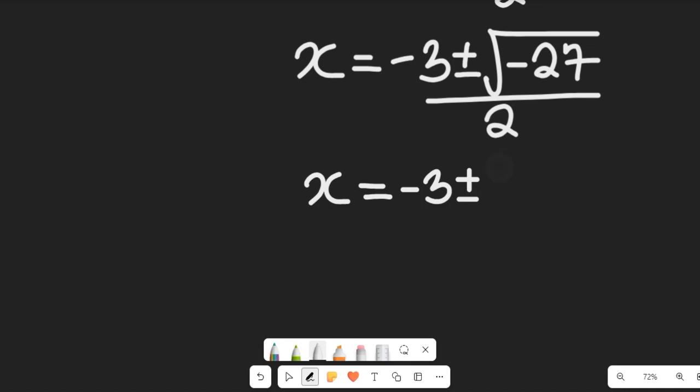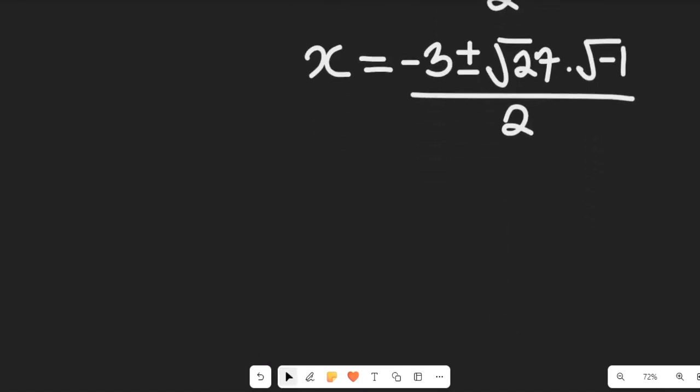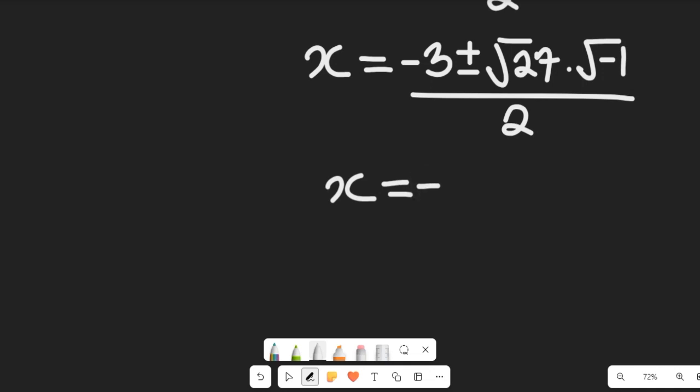So the value of our x in the next step will be equal to negative 3 plus or minus square root of 27 multiplied by the square root of negative 1, all divided by 2. So what do we have? The value of our x will now be equal to negative 3 plus or minus square root of 27, this is going to give us 9 multiplied by 3, right?